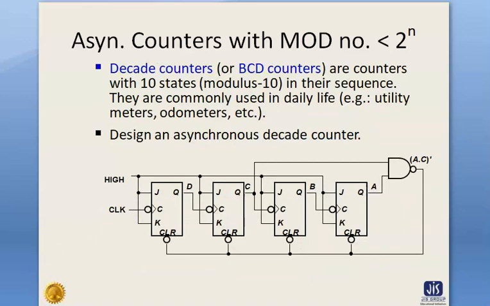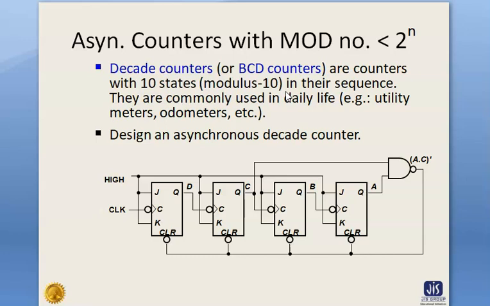This is another example, that is a mod 10 ripple counter or decade counter. Also we can say BCD counter. A decimal counter follows a sequence of 10 states and returns to 0 after the count 9.